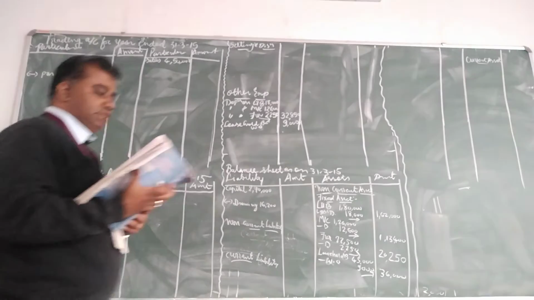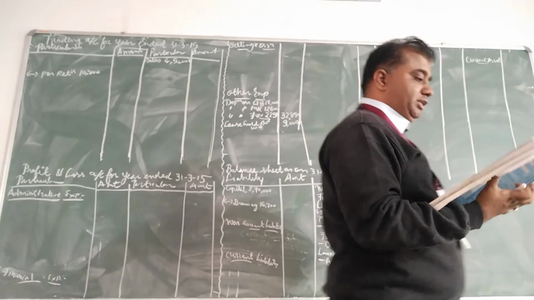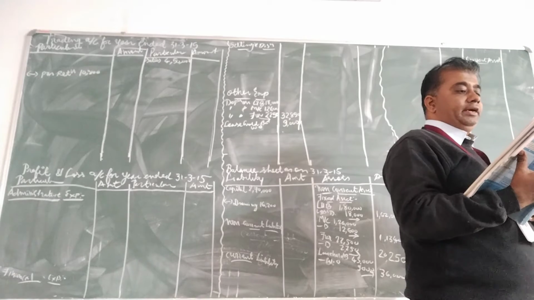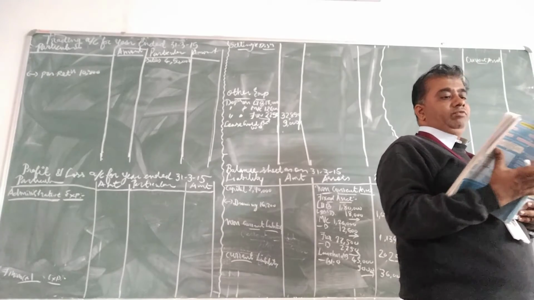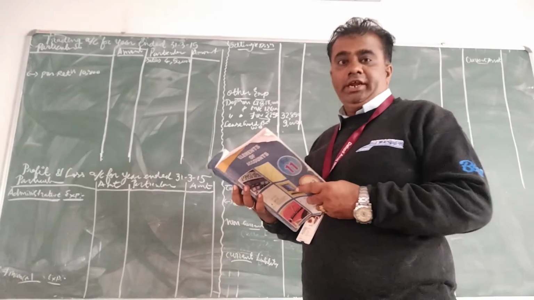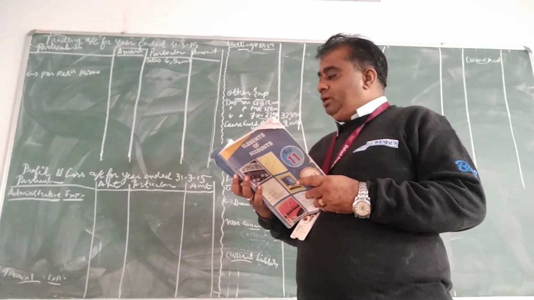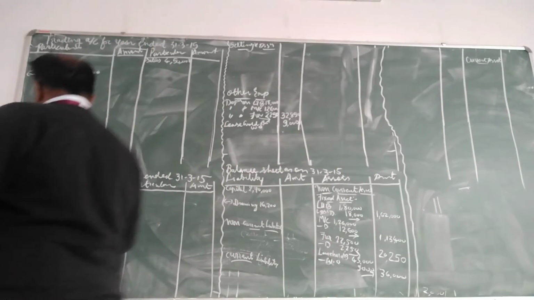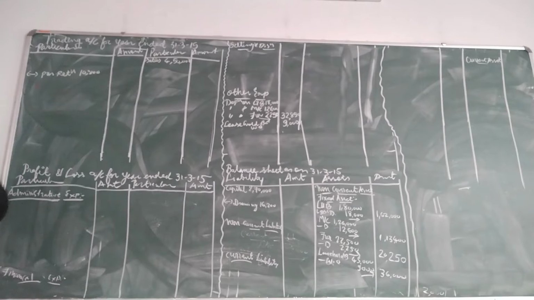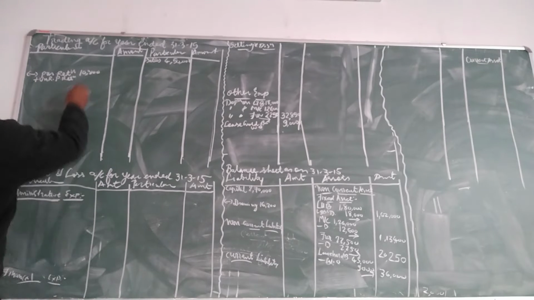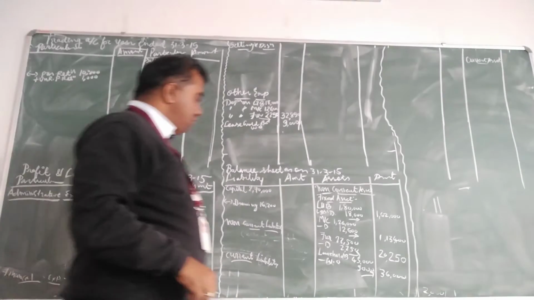Now fourth adjustment, adjustment is given for purchase return. Credit purchase of 6,000 and credit purchase return 1,000 were not recorded. Means 1,000 purchase return is not recorded. So if it is unrecorded, then we will record it. So we add to the purchase return 1,000 unrecorded purchase return. Second entry is in the creditors.